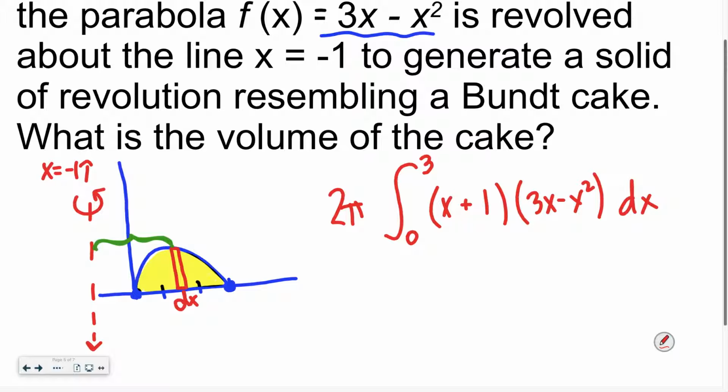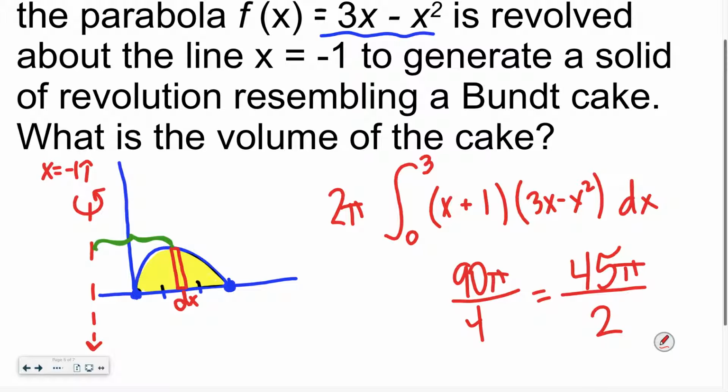When you do the math on this one, what do you get? 9 halves, 45 halves, also accurate. But you know what the good news is? If you put 90 pi over 4, am I going to count any points off? Nope.